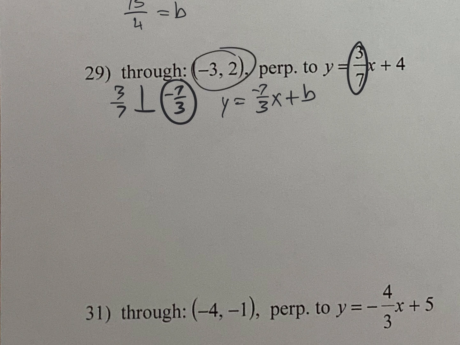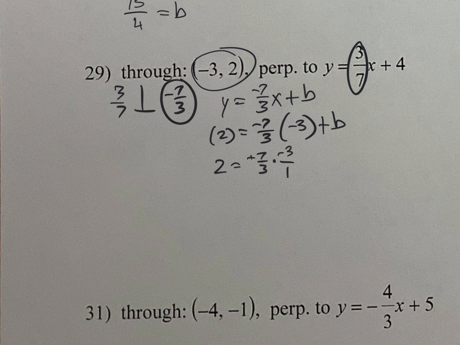And again, substitute. Make sure you put everything in the right positions. That's the first mistake you make. You think you're doing really well, and you just get kind of sloppy and put the numbers in the wrong spot. So put them in the right spot. -7/3 times -3/1.